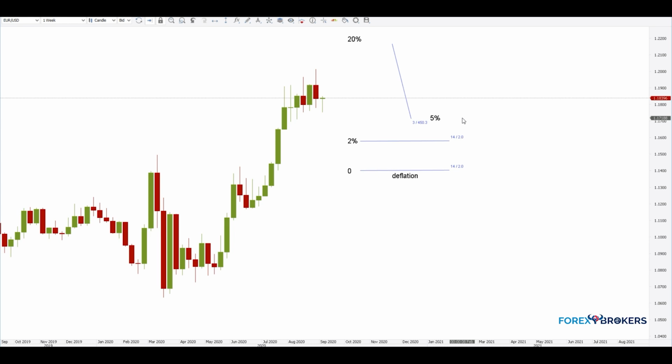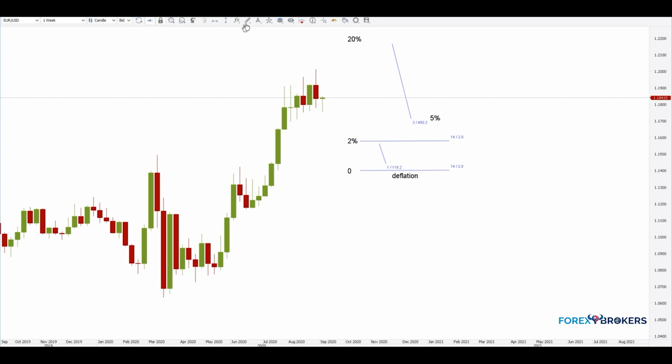To some extent, disinflation is a good thing, in the sense that when it comes from higher levels towards the central bank's target, it's a good thing. But when disinflation happens between 2 and 0, then that's a problem, and it's not a good thing anymore, because the central bank will not favor this and will intervene.